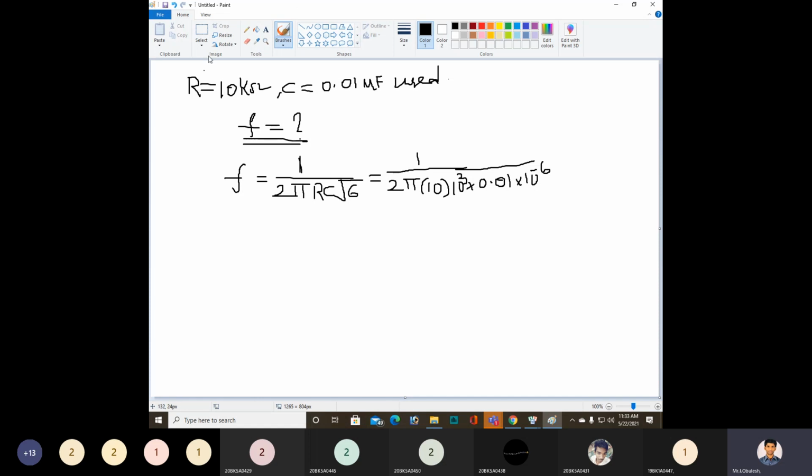It equals to... simplify the expression, but you will get it into root 6. Don't forget. And then what you will get here?